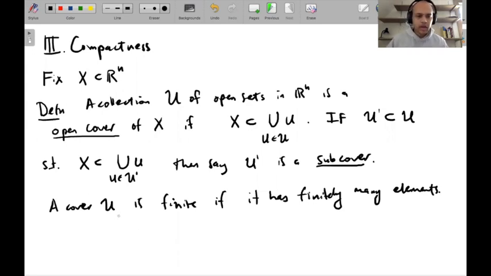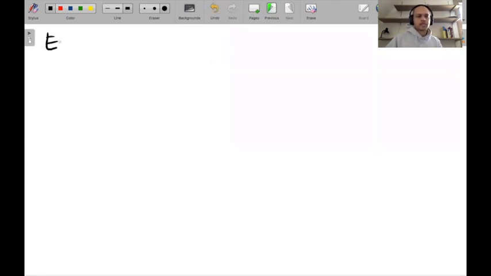So let's see a few examples illustrating these definitions. So first, let's take X to be Z squared in R squared.